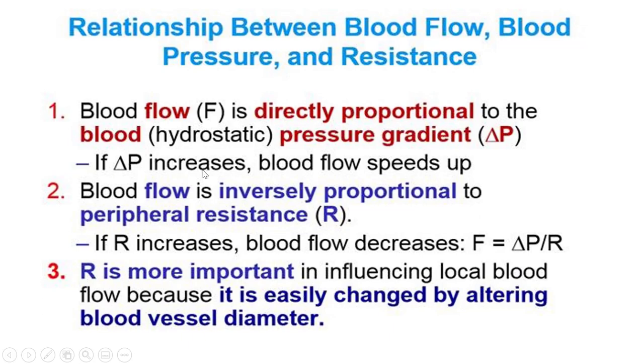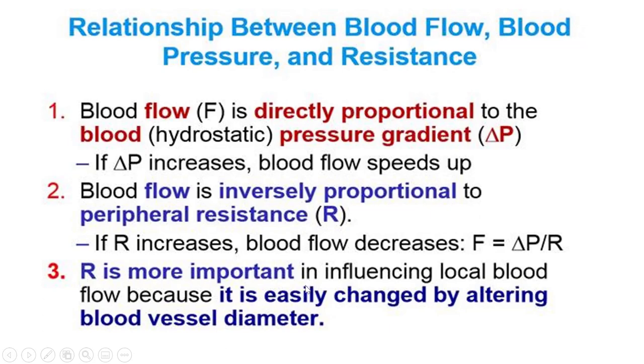If the change in pressure is increasing, then the blood flow will speed up. Okay. Now, blood flow is inversely proportional to peripheral resistance. If the peripheral resistance is high or increasing, then blood flow will decrease. And how would you increase peripheral resistance? Well, if your blood is sticky and thicker, there's going to be a lot of resistance, then blood flow would decrease.